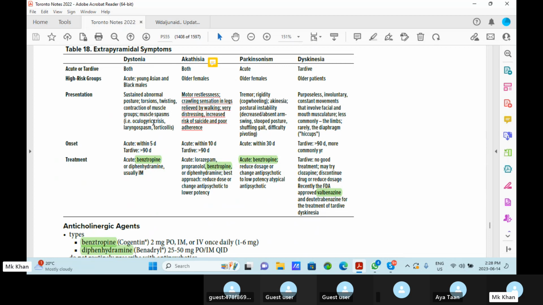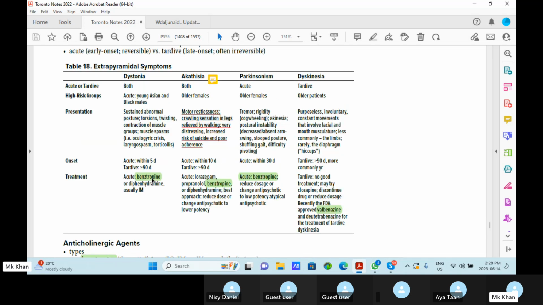So they will mention that the patient was taking an antipsychotic and all of a sudden there is a spasm in the neck muscle or the eye muscle or something like that. And the onset is within 5 days, and the tardive is more than 90 days. So tardive dyskinesia is usually after a long period of time. And the treatment here is benztropine or diphenhydramine, usually intramuscular.